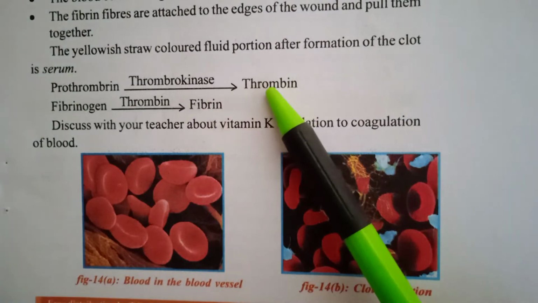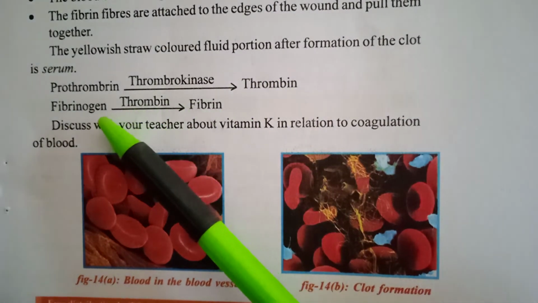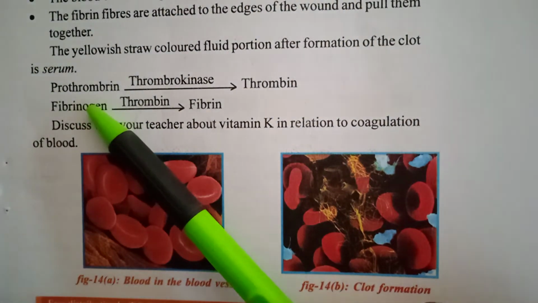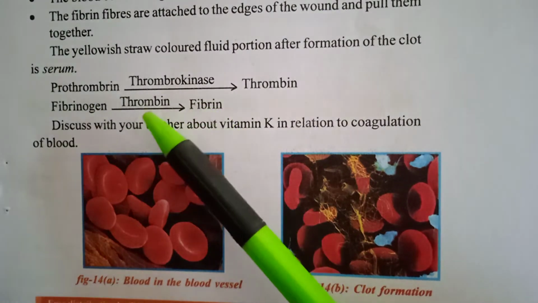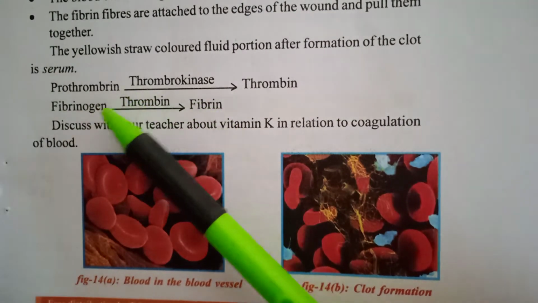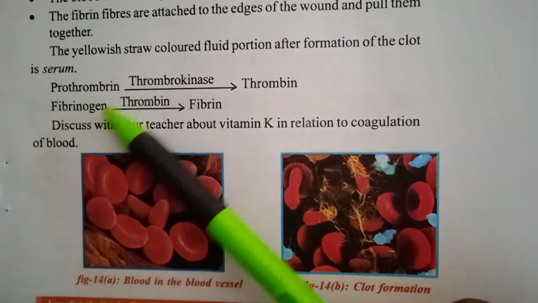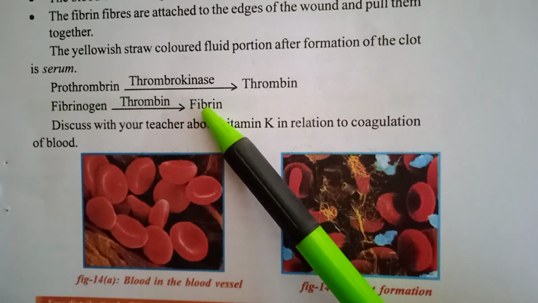Later, this thrombin acts on another substance present in the blood, called fibrinogen, and this fibrinogen is converted to fibrin, a fiber-like structure.